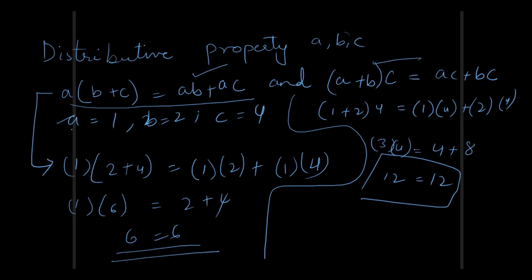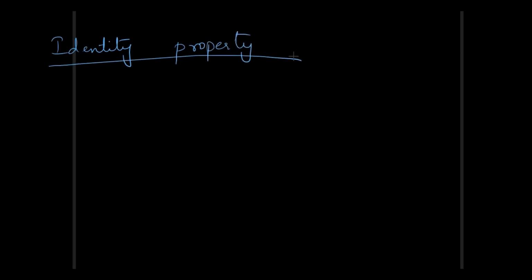Okay, next we'll go with the last one, that is the identity property. You need to be careful with the identity property. Most of the time, they ask most of the questions from the identity property. Identity property in the additive case: for any real number A, if you add 0, it will give you the same real number.